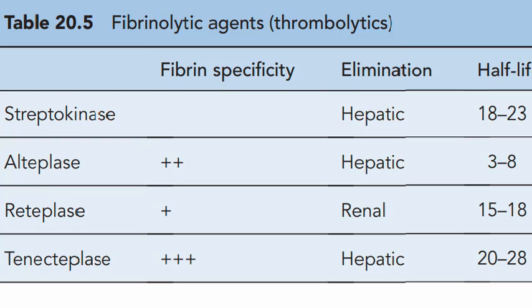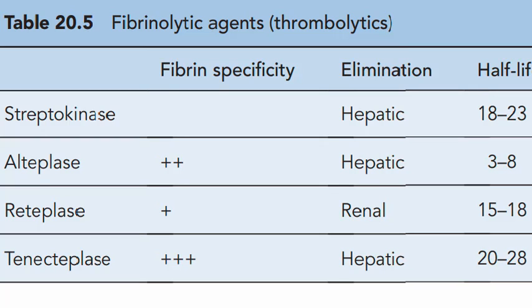Alteplase, also called tissue plasminogen activator, is derived from cultured human melanoma. The problem with alteplase is that it has a shorter duration of action, and it is reserved for IV administration at the time of emergency.